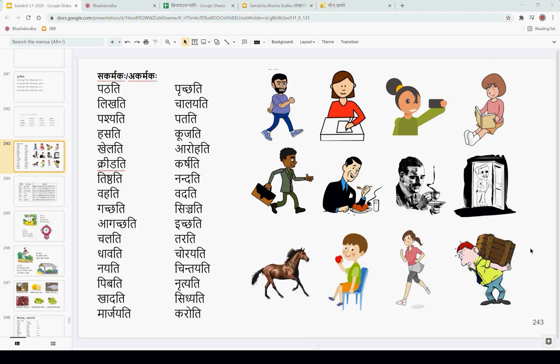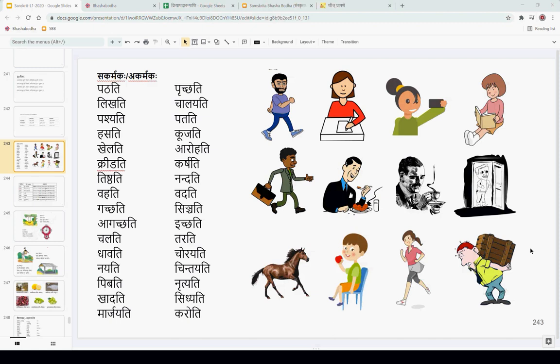If the kriya padam is sakarmaka, then we can use another nama padam in the dvitiya vibhakti form, called karma padam.